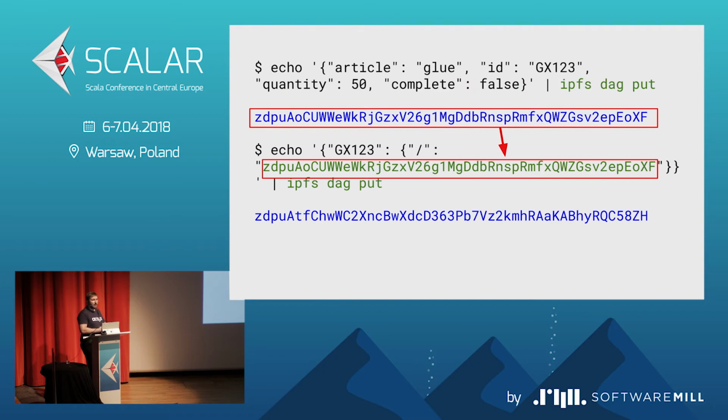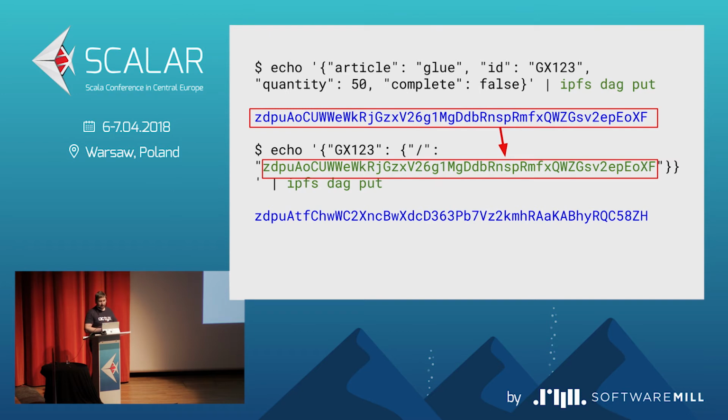Okay, so how does it work? Well, after I've put the thing in, I got a hash back, and then I just construct a special JSON. That's what IPLD says. And this JSON needs to have a name. That's going to be a part of the path, and then another JSON inside with a slash. That's special. It's like a link in HTTP. And then you just put this hash.